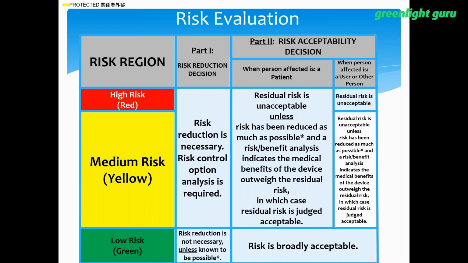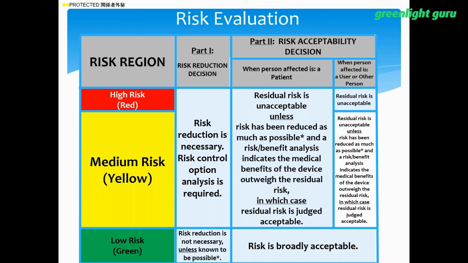But if I am in a high risk red region, I am going to have to do whatever I can to get it down to the lower level of that region. If the person affected is a patient, then that residual risk is going to be deemed unacceptable unless that risk has been reduced as much as possible or practical, given our previous discussion.